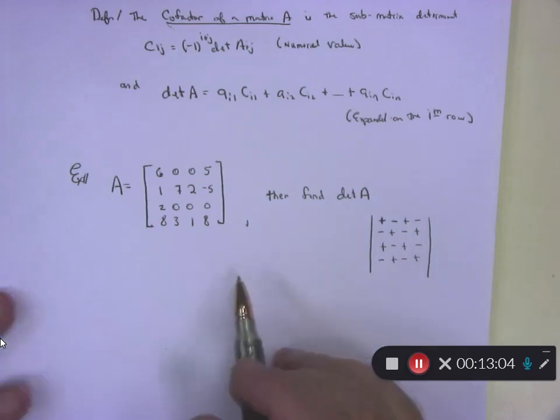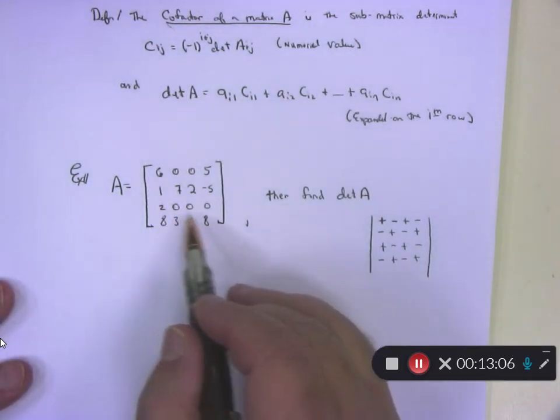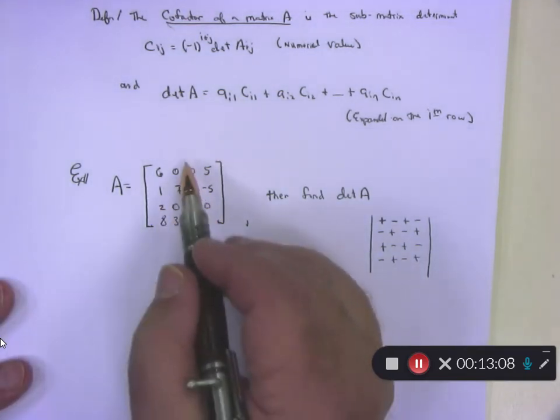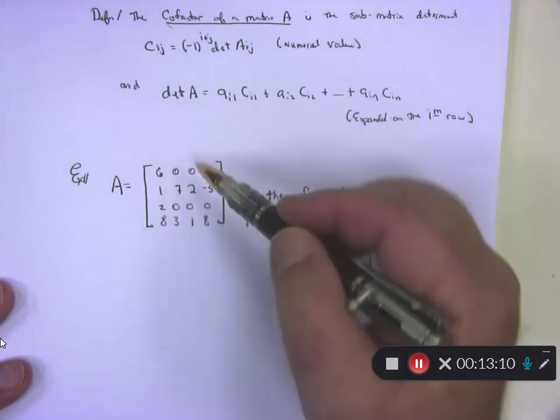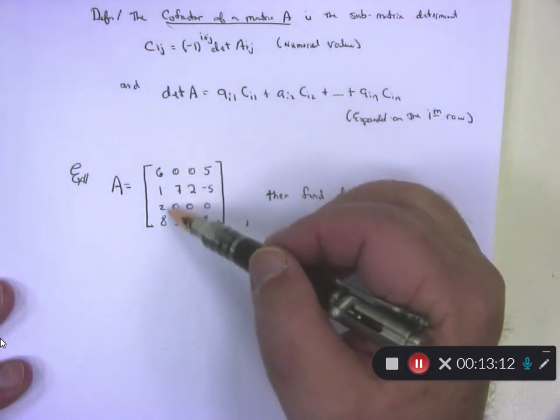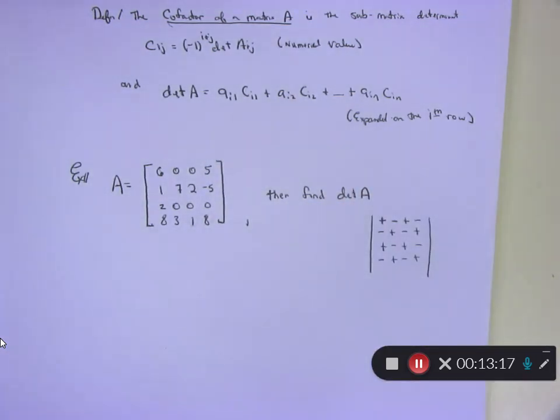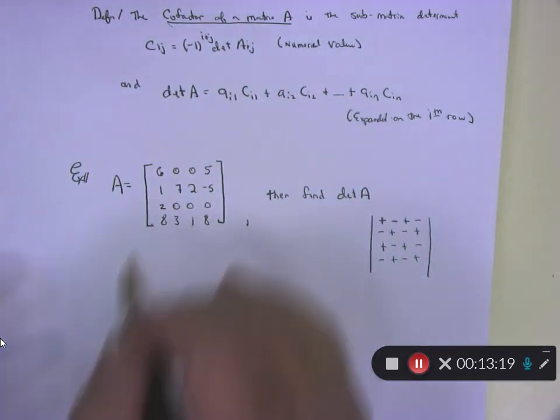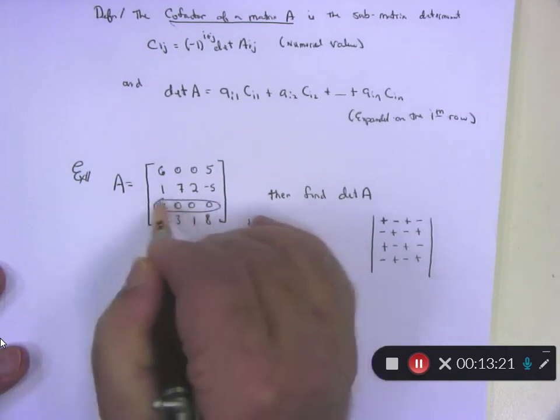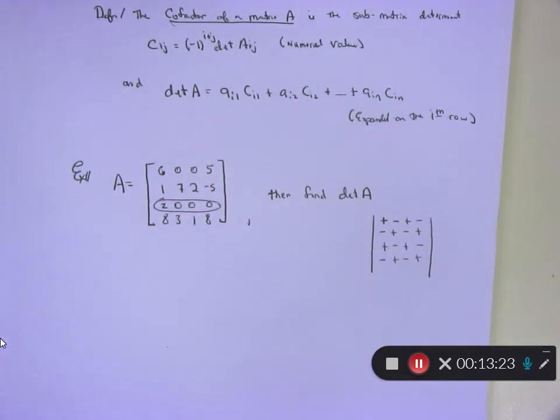My first choice is the third row. My second choice would be the first row, or I could also use the second, third, or fourth column, because they all have 2 zeros in them. But the best choice is the third row, because it's got a bunch of zeros.